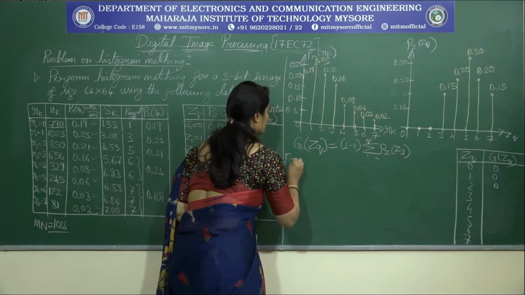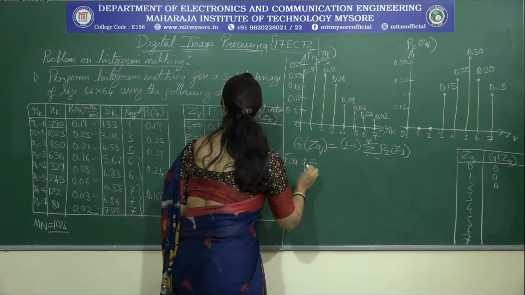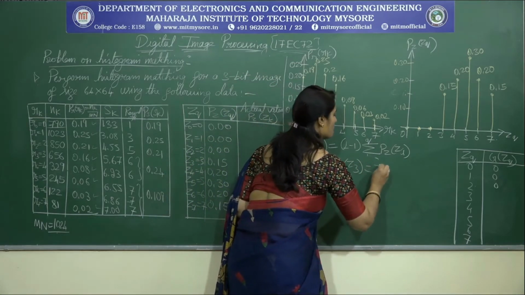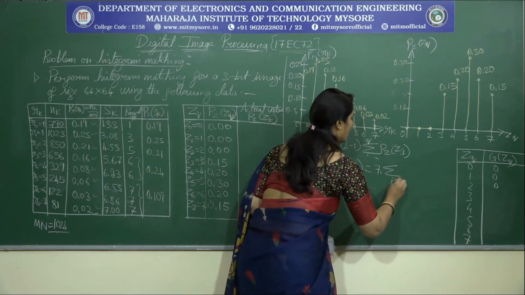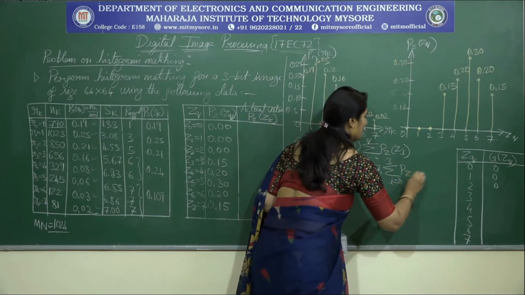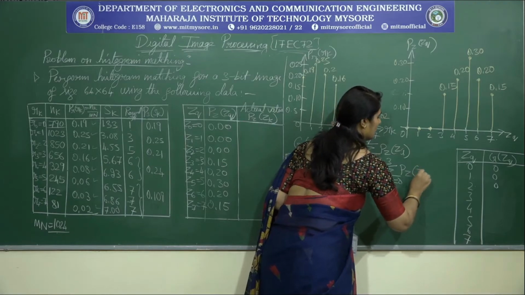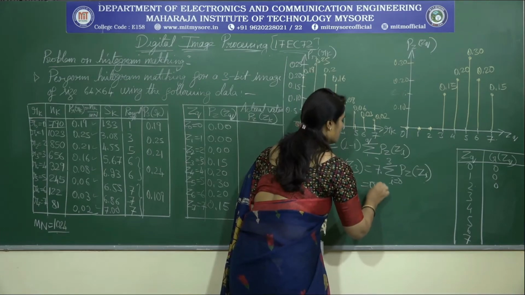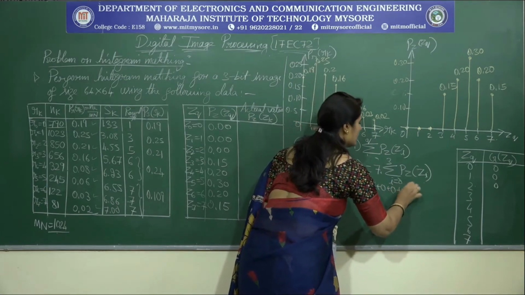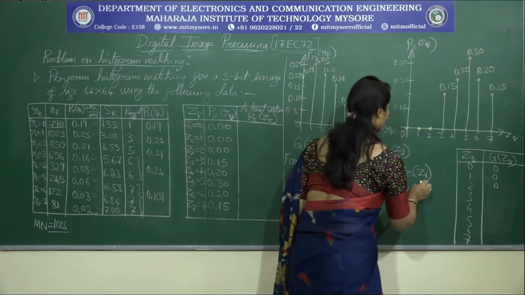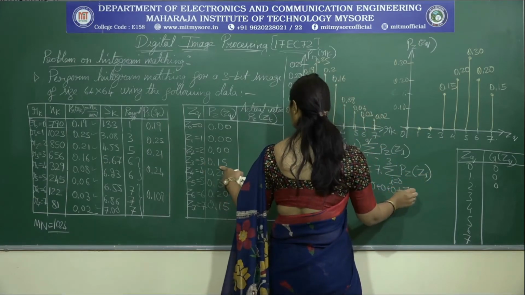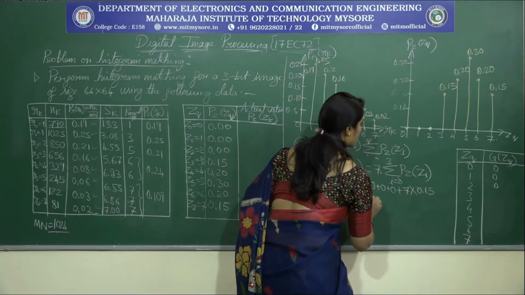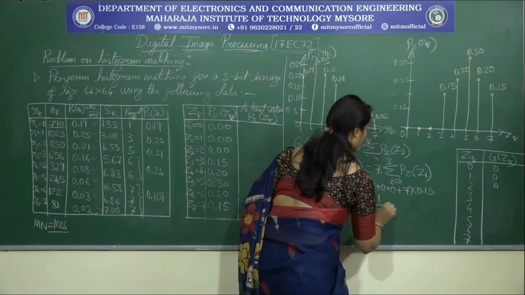Now for q is equal to 3, G of z3 is equal to 7 into summation i equals 0 to 3 Pz of zi. So this is equal to 0 plus 0 plus 0 plus 7 into Pz of z3, which is 0.15. So this results in 1.